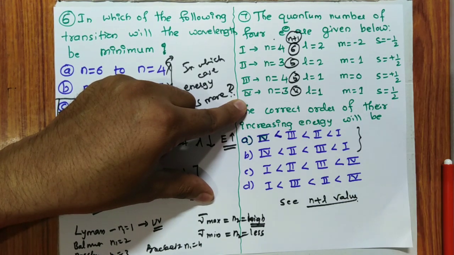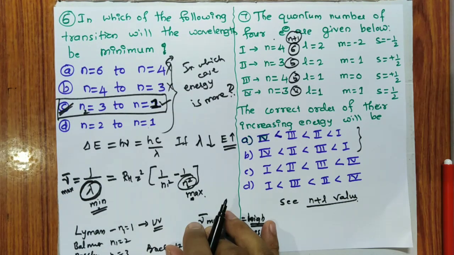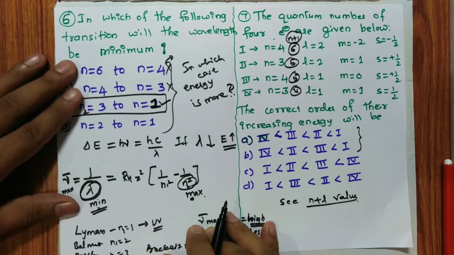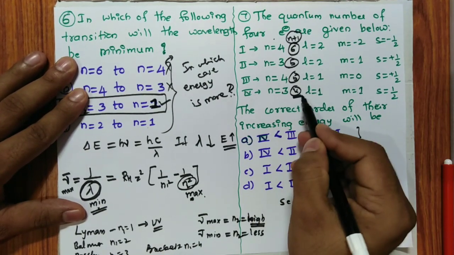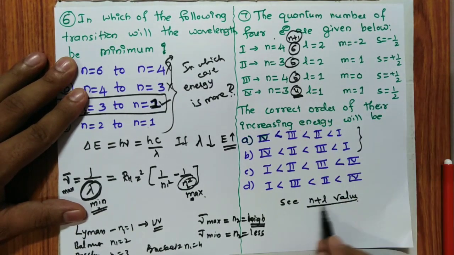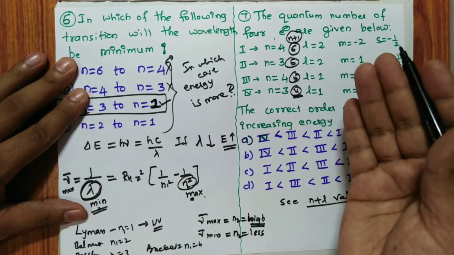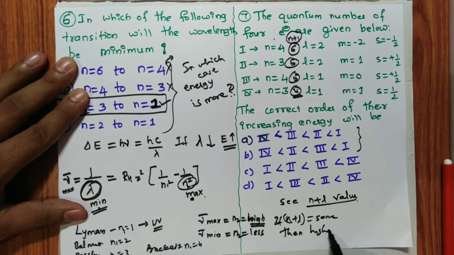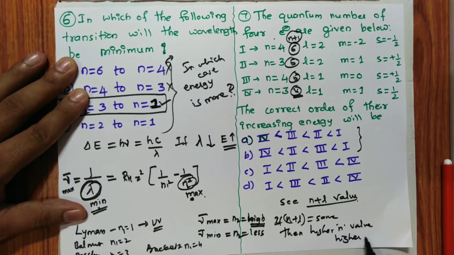So these two options are left. Now 1 or 2, now minimum is which one? Minimum is 4 in both cases. But for the second highest, see, if the N plus L value is higher, the energy is higher. If the N plus L value is the same, then remember, higher N value, higher energy.